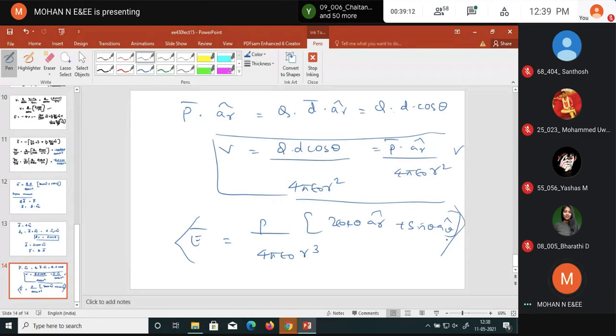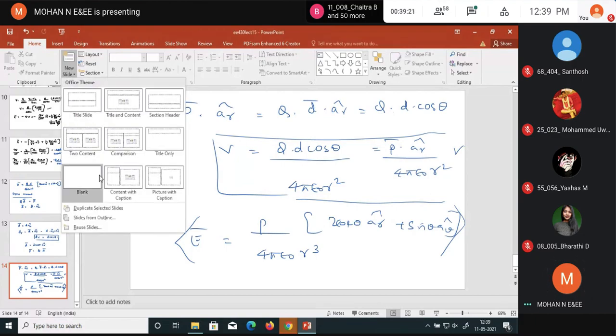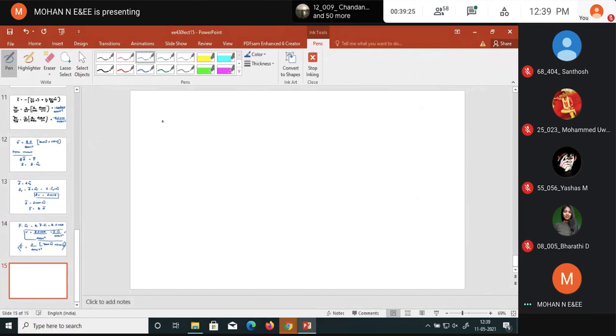Okay. If you have only one charge, for example plus Q, it is called a monopole, and V is proportional to 1/R, and E is proportional to 1/R².